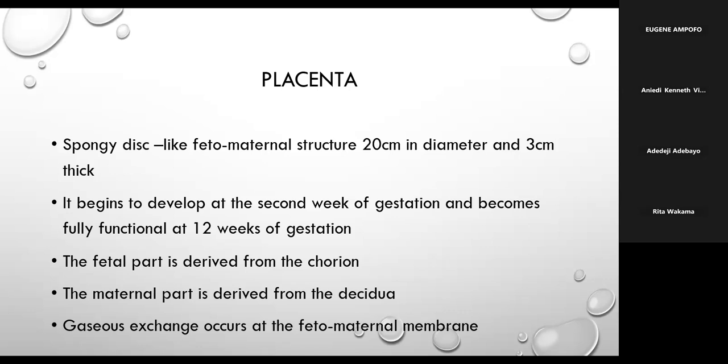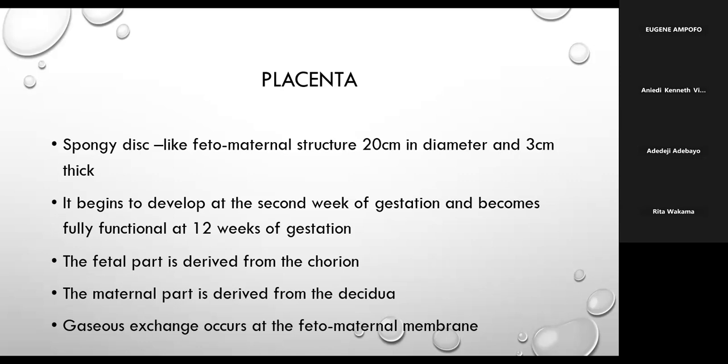The syncytial trophoblast proliferates and develops some cavities in between, known as the lacunae. They also erode the uterine capillary wall, and the lacunae subsequently become filled with maternal capillary blood. With time, the inner cytotrophoblast extends into the syncytial trophoblast, projecting like a finger-like projection, and that's the primary villi.